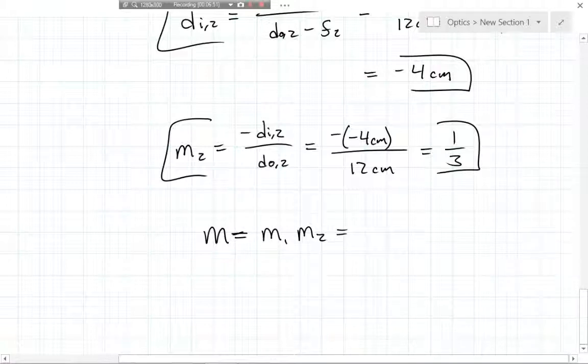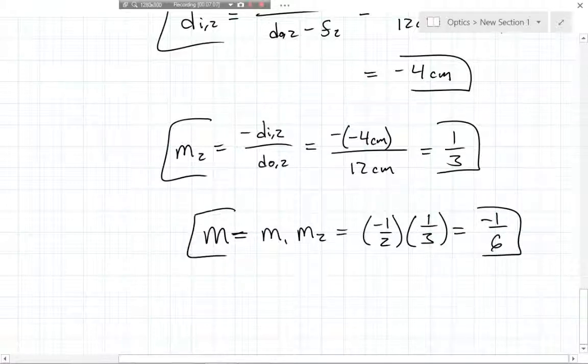Here, our first lens flipped the image upside down and made it half as big, so our first magnification was -1/2. Our second magnification was +1/3, so our total magnification, if we multiply these together, is -1/6. So our image is going to be 1/6 as large as the object, and it'll be flipped upside down.